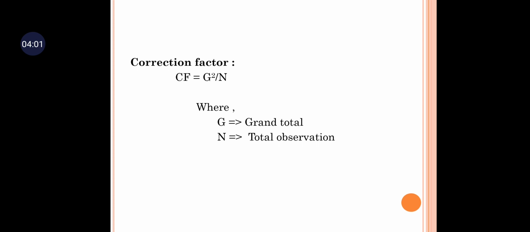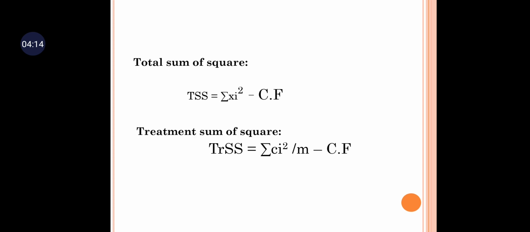The correction factor CF is G square divided by N, where G is the grand total and N is the total number of observations. The total sum of squares TSS is equal to the summation of y i square minus the correction factor CF.